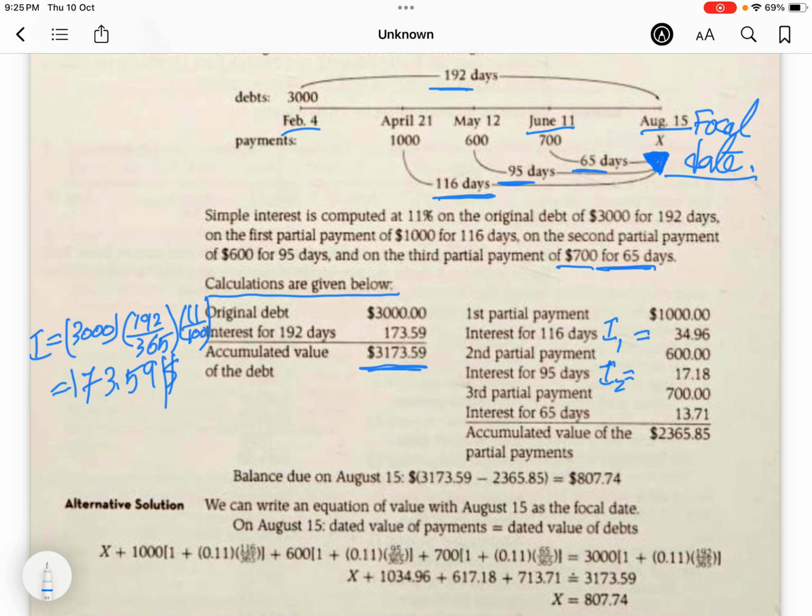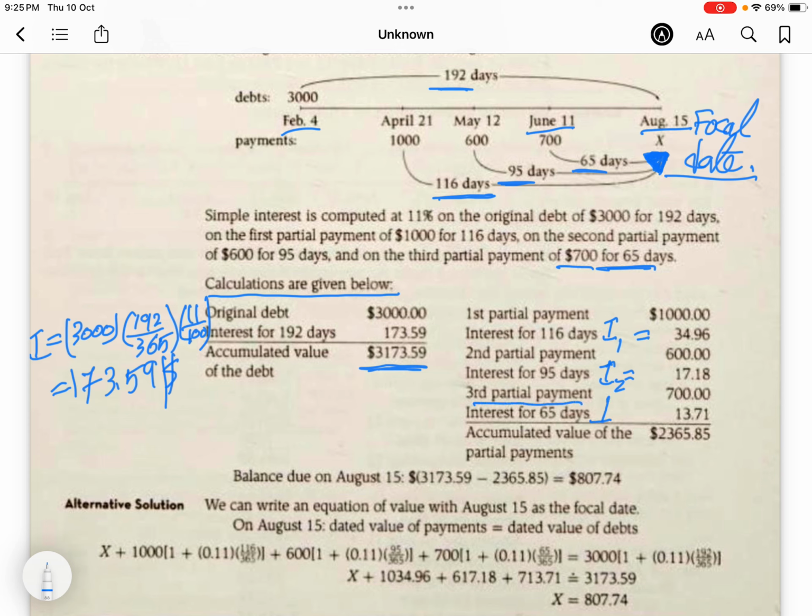It will be 600 multiplied by 11 multiplied by 95 days divided by 36,500. It will be 17.18. Here the third payment will be 700.